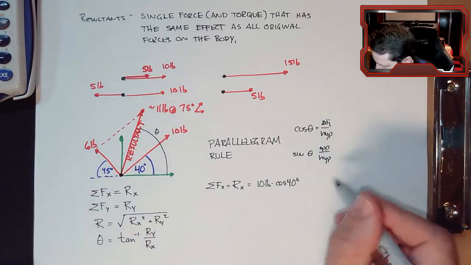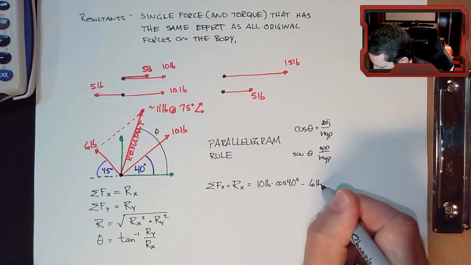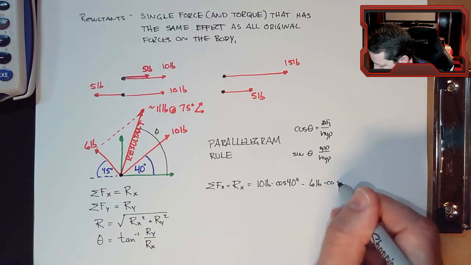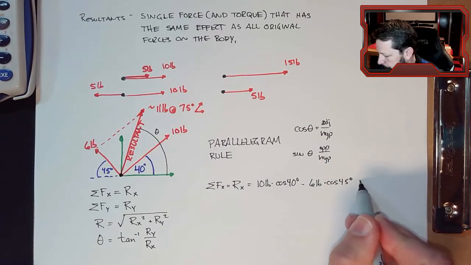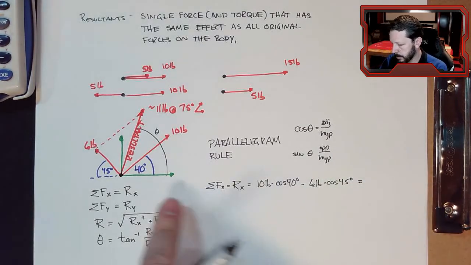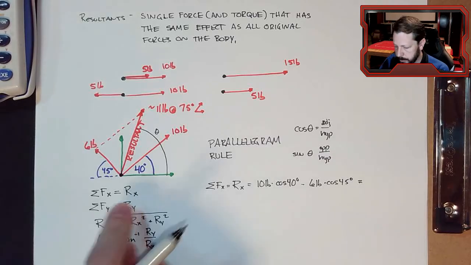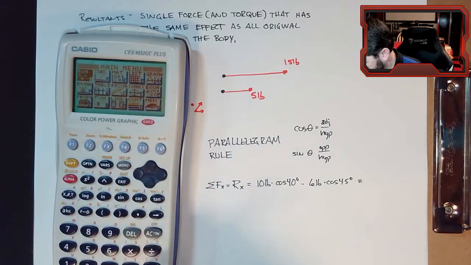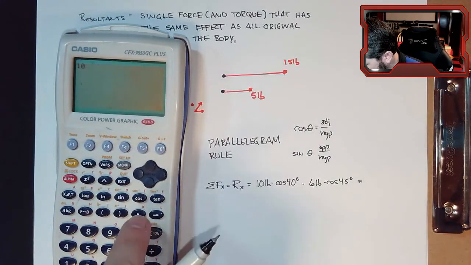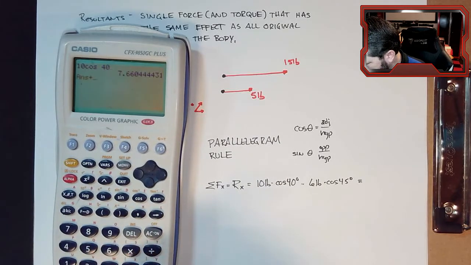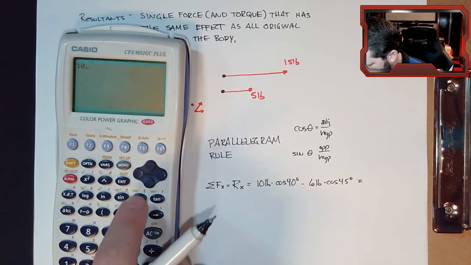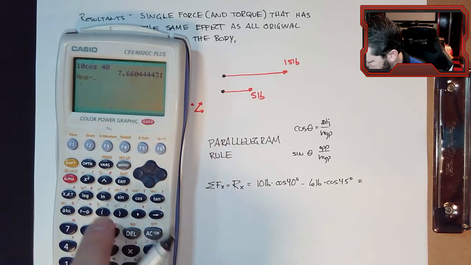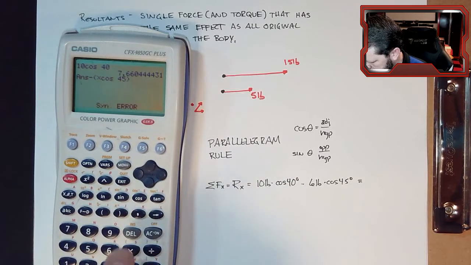This one's negative, so minus 6 pounds times the cosine of 45 degrees. And those won't add to 0. They're going to add to the x component of the resultant. Let's see what the number is. 10 cosine 40 minus 6 cosine 45.